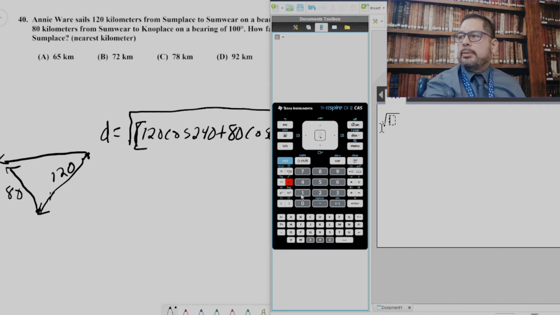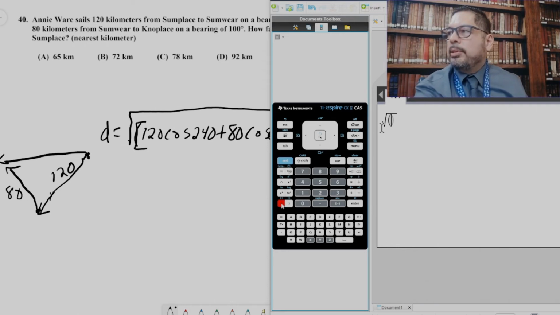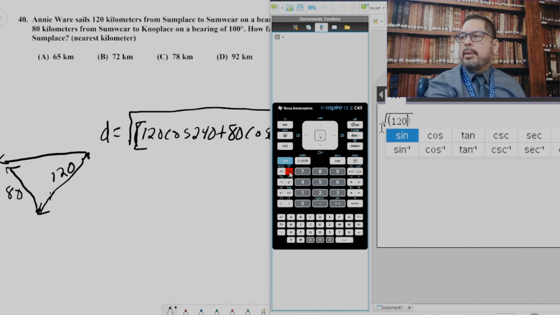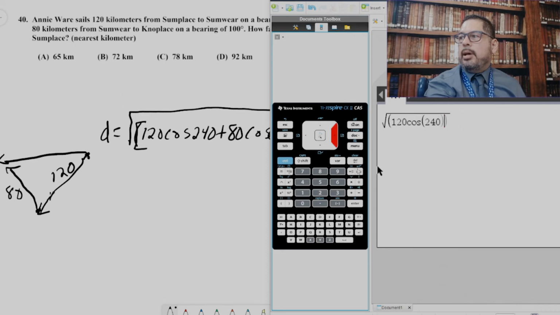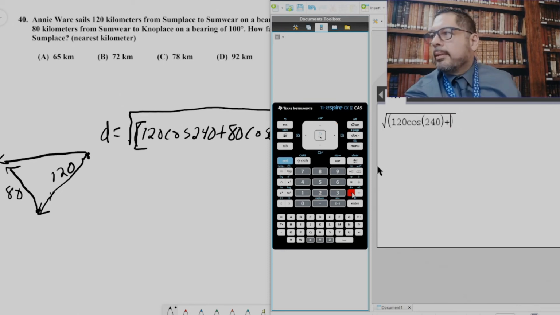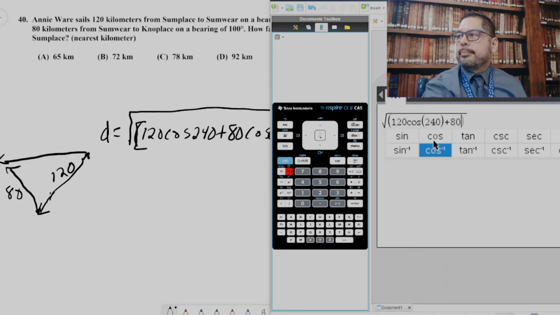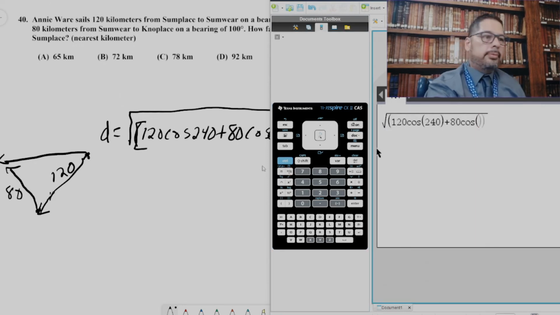The first parentheses is going to be the sum of the x components, which is 120 cosine 240 and then let me right arrow outside of that parentheses plus 80 cosine of, what was that from?